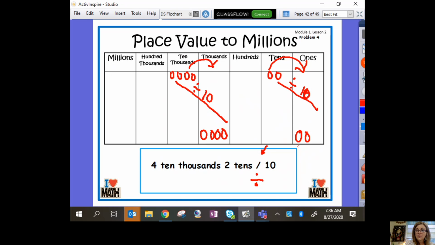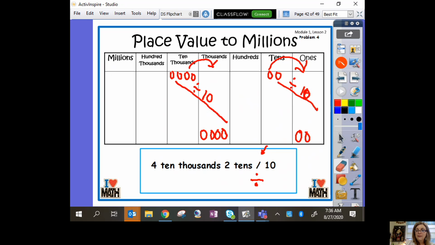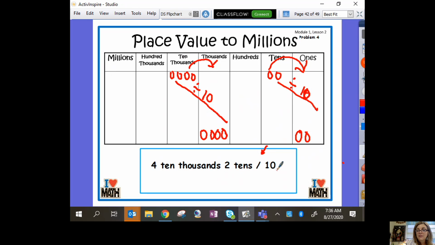So my answer, if I wrote it in unit form, would be 4 10,000s, 2 10s divided by 10 equals 4,000, see right there, 2 1s, and that's where I get those.